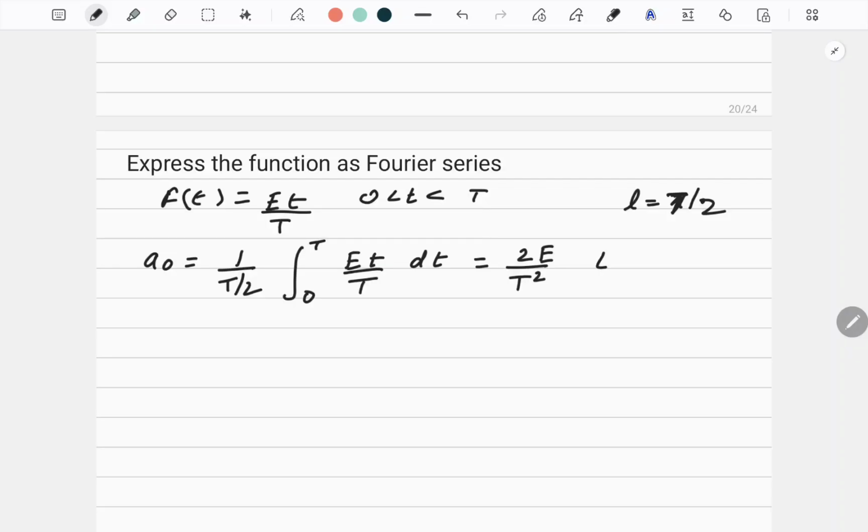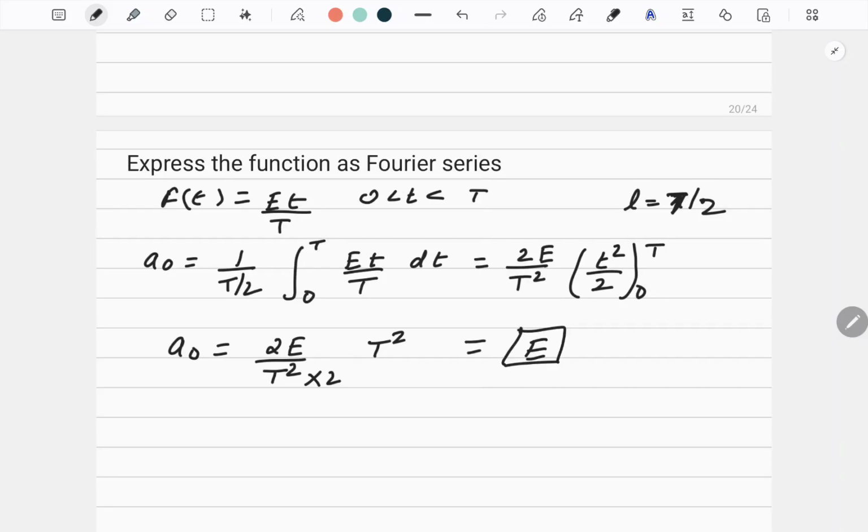Integration of t will be equal to t square by 2 with the limit 0 to T. So a0 value is equal to 2e upon T square into T square by 2. So capital T got cancelled, 2 got cancelled, and I got a0 value as equal to capital E.